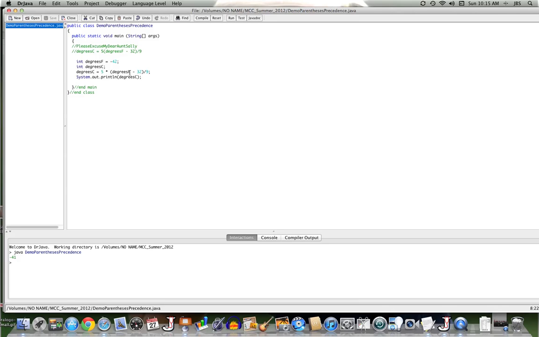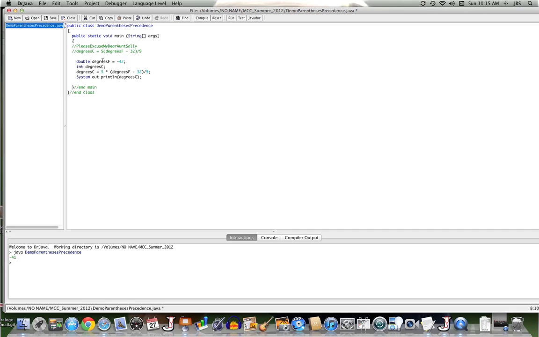This is integer division. An int divided by an int always returns an int, and it does so by truncating off any decimal values. Now I have a number of ways to work around this. The easiest would be to make my degrees F a double. Making it a double will force this whole calculation to return back a double.